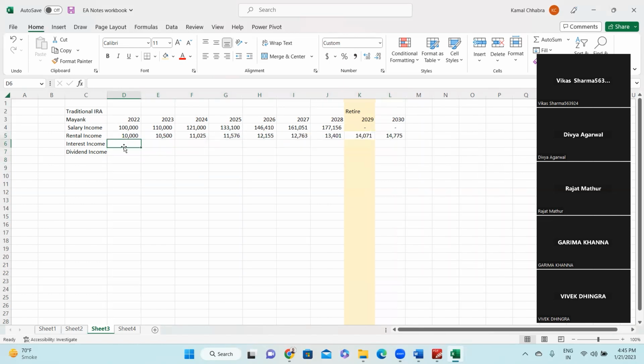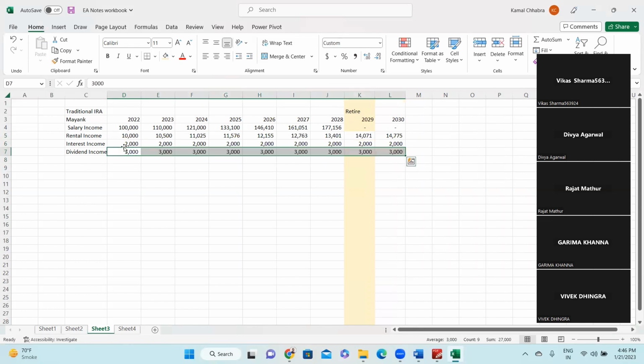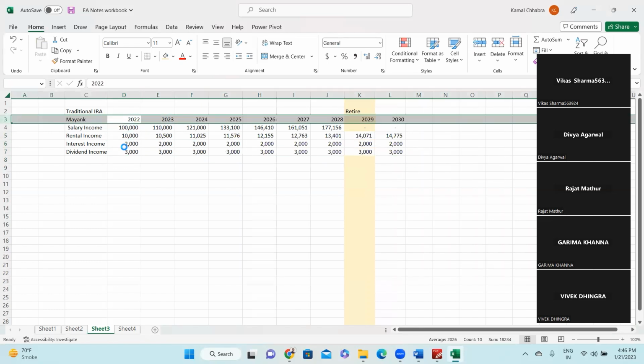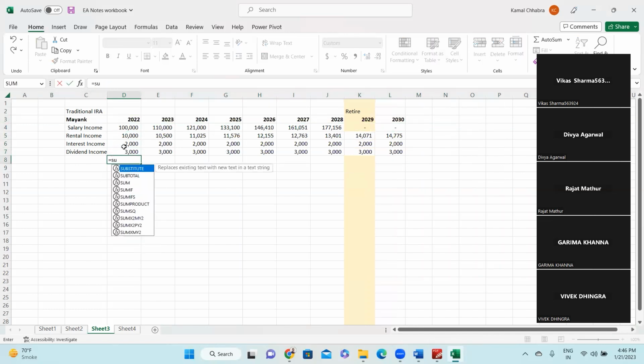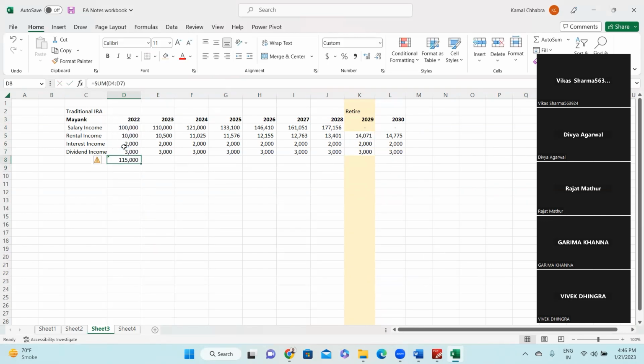And then interest income, let's assume he earned $2,000 interest year over year, and he earned, let's say, $3,000 dividend year over year. So now Mayank has gross income year over year.